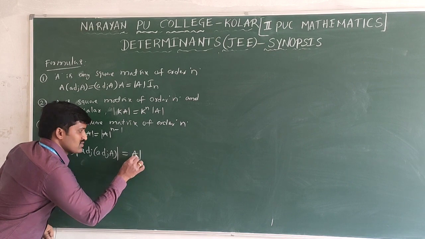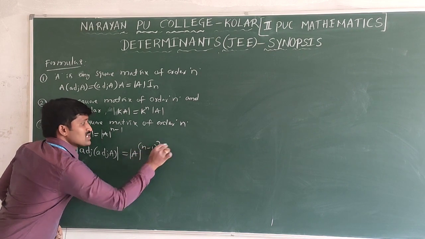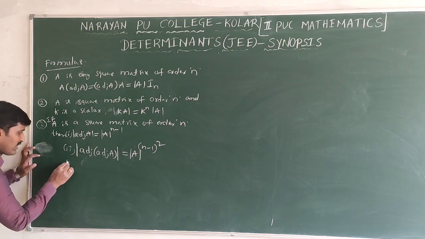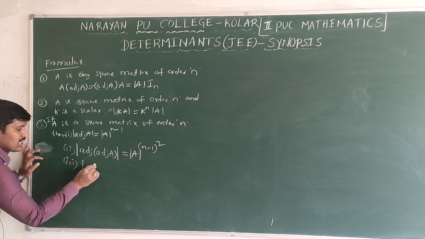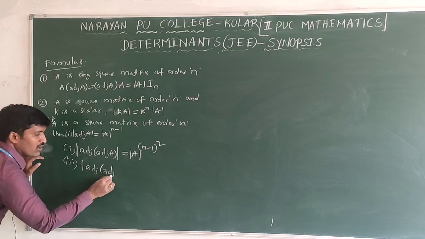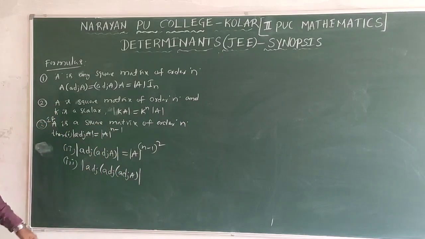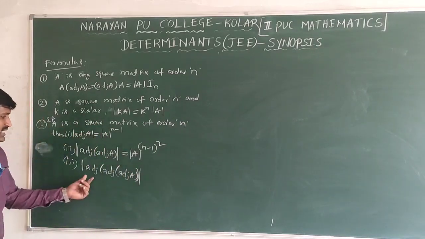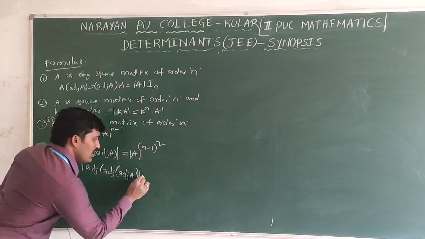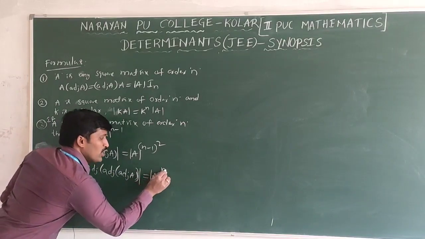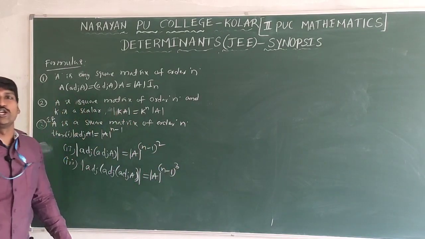Here two adjoints, that's why det A whole power n minus 1 whole square. For example, one more: det of adjoint of adjoint of A. Here how many adjoints are there? Total 3. Now what will we get here? We get det A whole power n minus 1 whole cube.